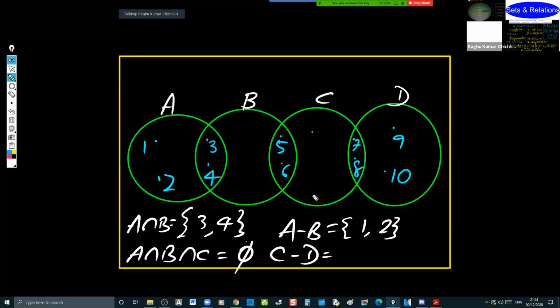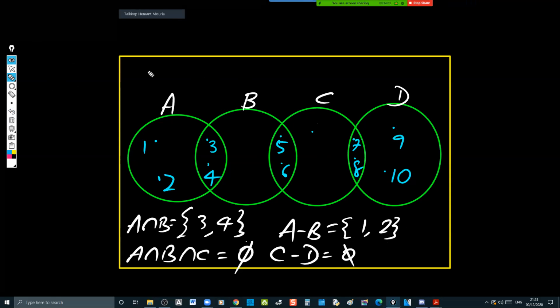Think and tell me what is the meaning of C minus D? Only C but not D. Ari, tell me what is the meaning of C minus D, please. Sir, only C but not D.